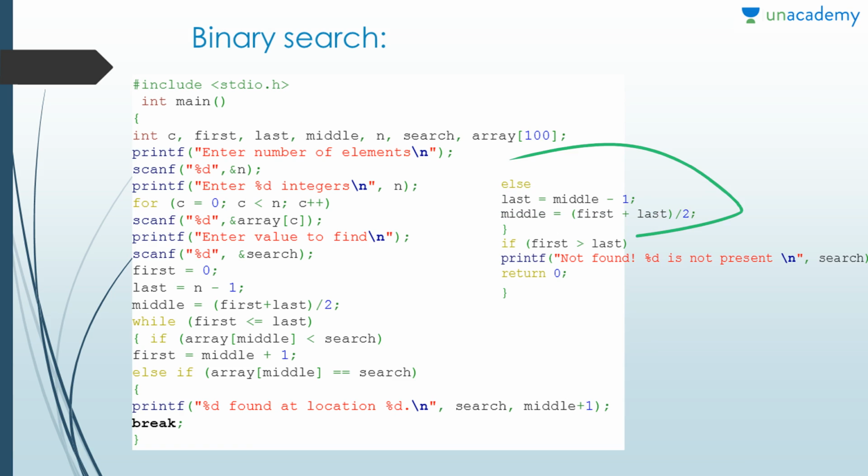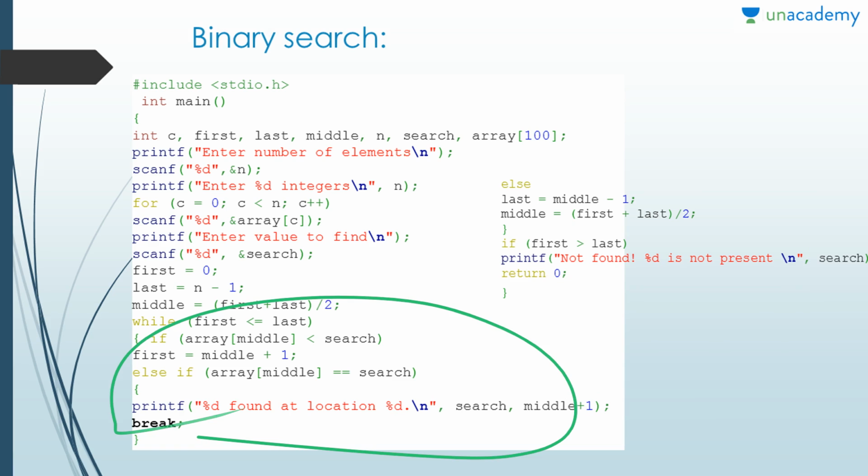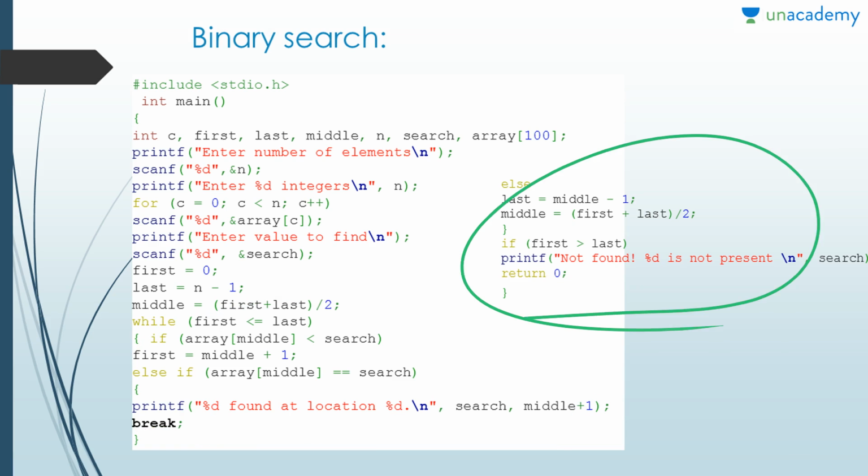If you understand this, you will easily understand this. If first is greater than last, obviously this could be a situation for us, so it will print not found. So %d is not present means if it is present, then this will be executed, otherwise this, right?